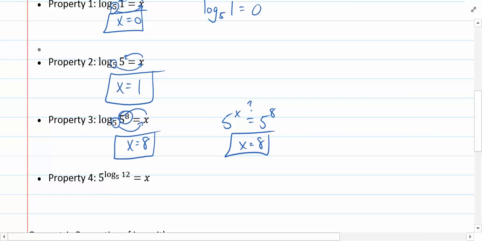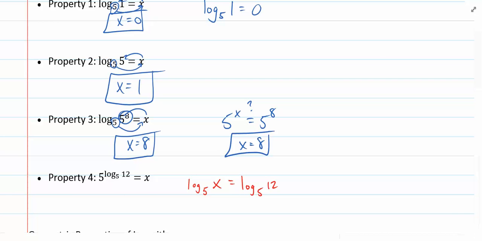In this example, let's think about how we can rewrite this exponential function as a logarithm. Logarithm base 5 of x must be equal to logarithm base 5 of 12. Again, logarithm base 5.